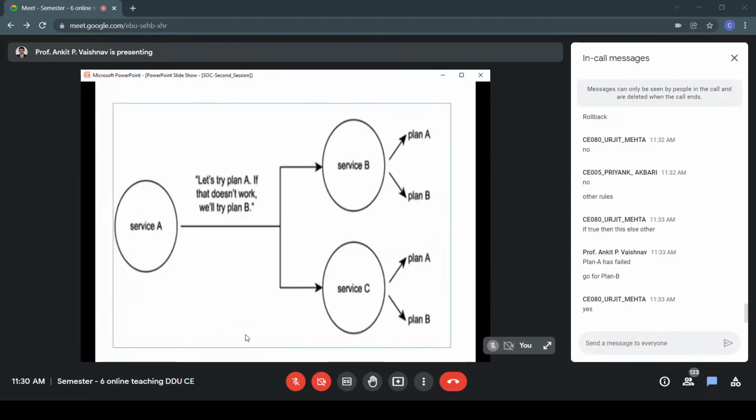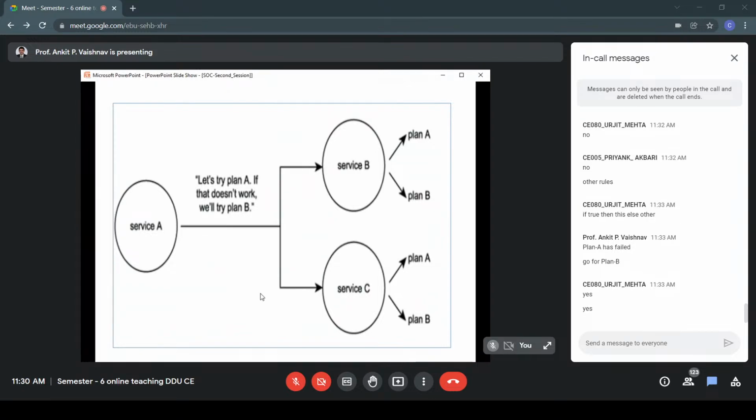Over here, we have this kind of behavior. Just observe this. This is the classical example of business activity. Let's try plan A. If that doesn't work out, we'll try plan B. So every service has an option. Are you able to understand this figure? So this is what we mean by business activities.